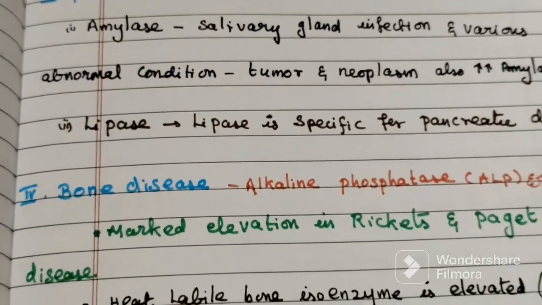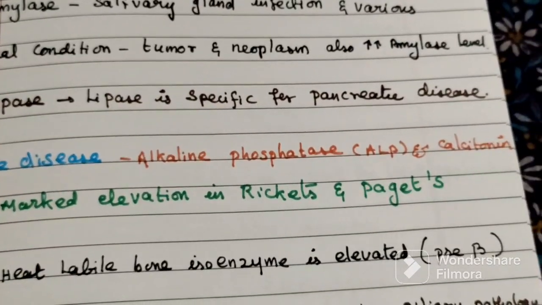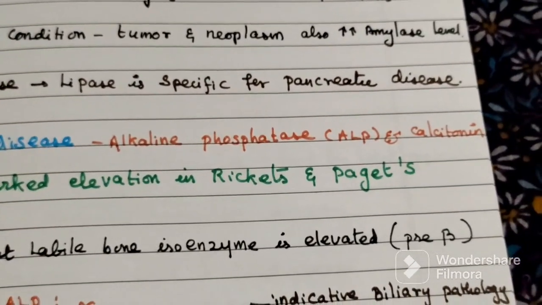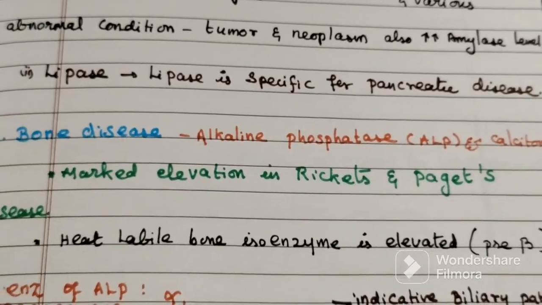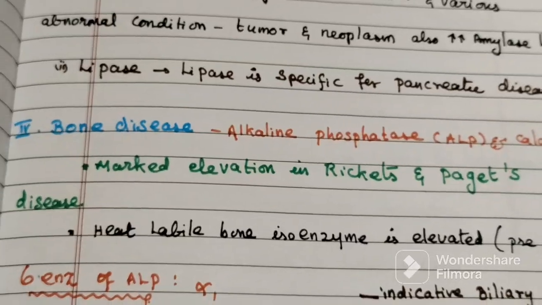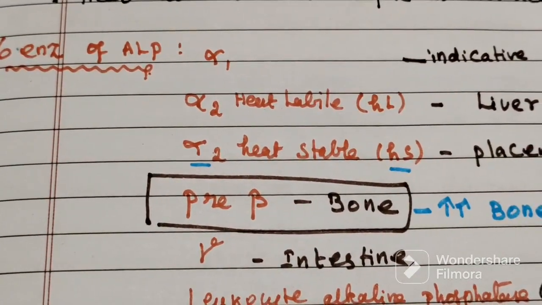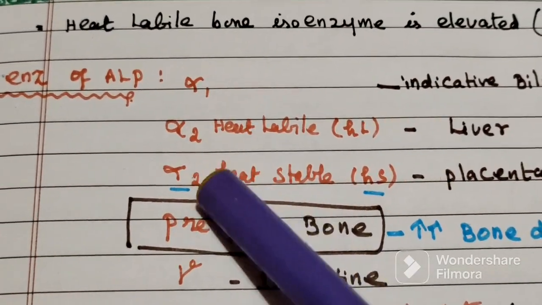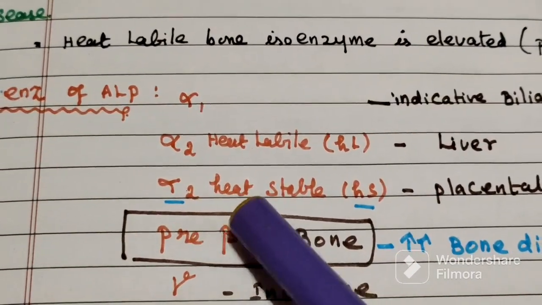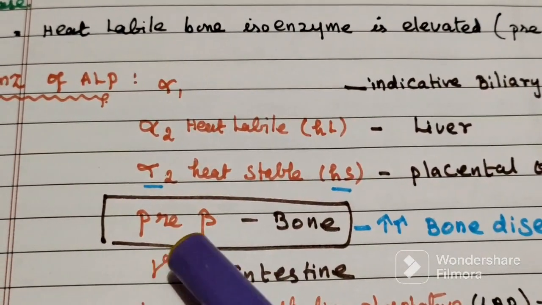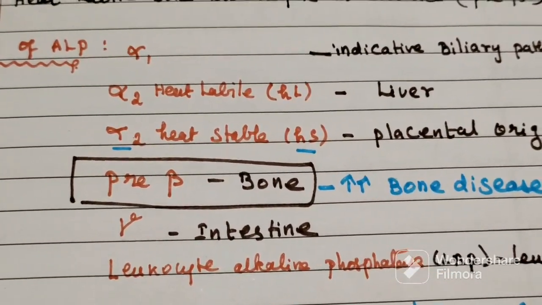Next one, bone disease. Markers for bone disease: alkaline phosphatase and calcitonin are important markers for bone diseases. There are 6 isoenzymes of alkaline phosphatase: alpha 1, alpha 2 heat labile, alpha 2 heat stable, free beta, gamma, and leukocyte alkaline phosphatase.